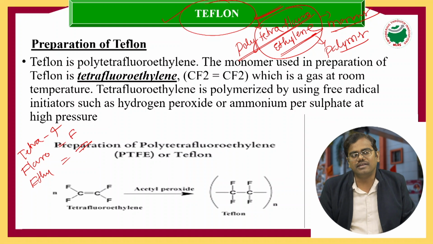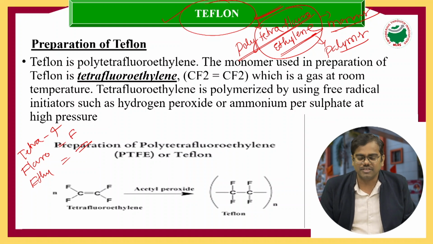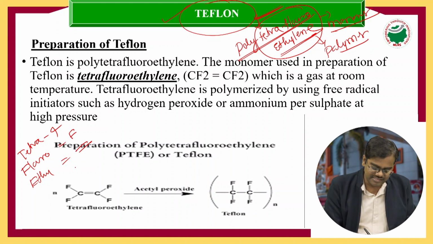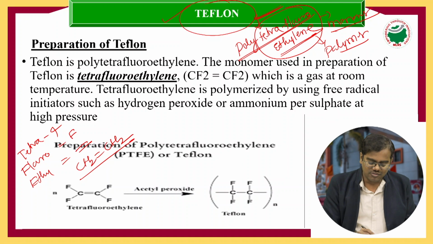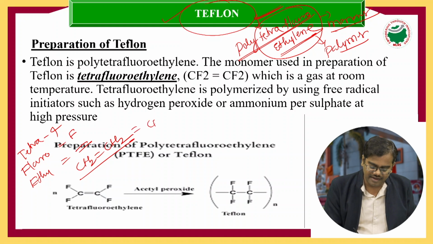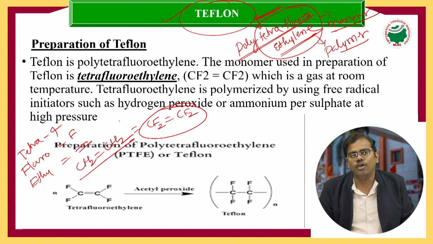double bonded. Usually you know the ethylene molecule is CH2 double bond CH2. When we substitute fluorine atoms for the hydrogen, you will get CF2 double bond CF2, that is tetrafluoroethylene.